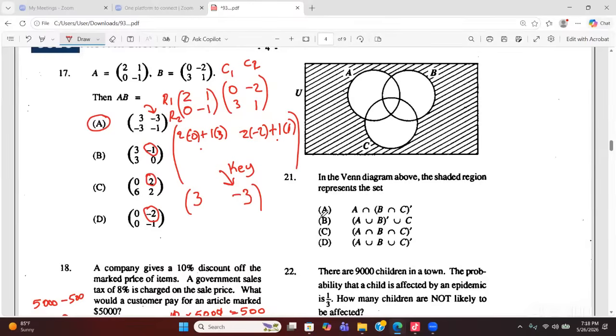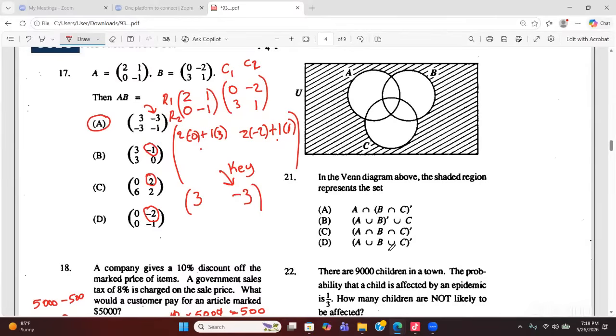So we look at number 21, you could see that everything outside of the 3 sets would be shaded. This is complement. The moment you're seeing everything except the sets, it means it's complement. This is 3 sets, so it's the union that was complemented.